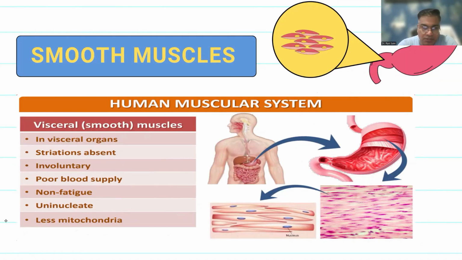The last, the third category of muscles, is the smooth muscles. They are present in visceral organs. Striations are absent, as striations are present in both cardiac and skeletal muscles. They are also under involuntary control, specifically the autonomic nervous system.